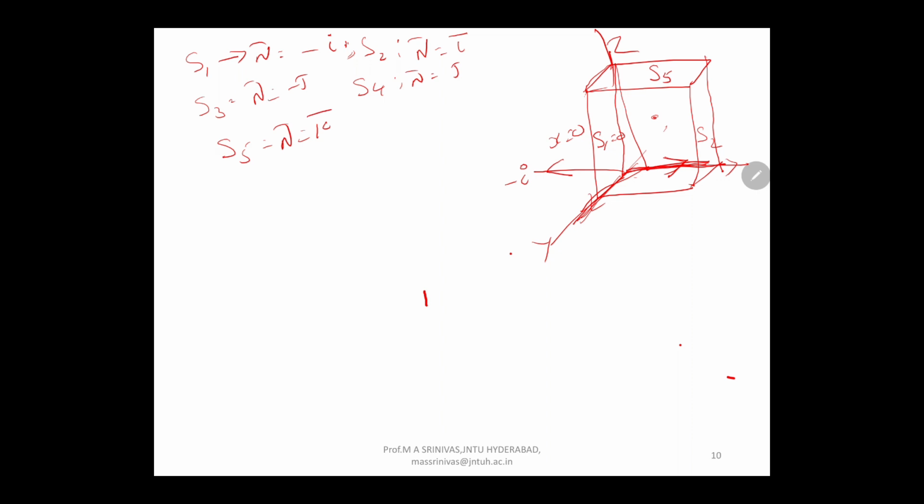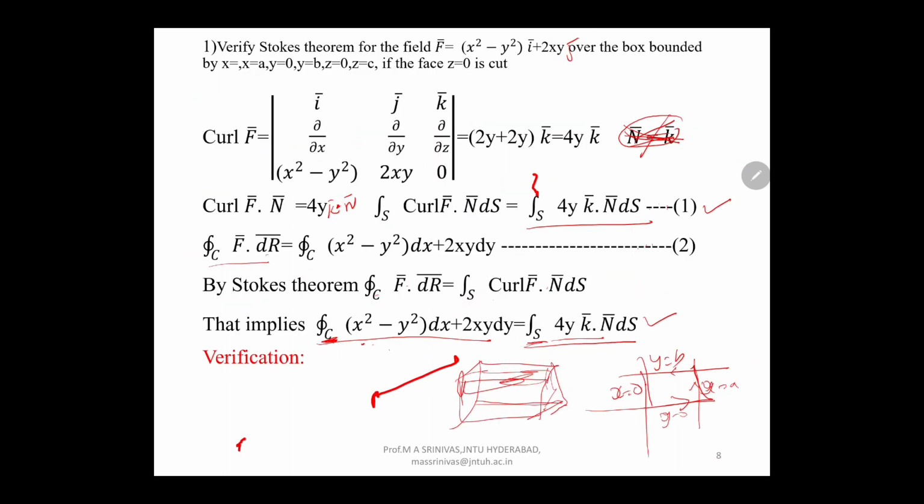So there I have curl F bar dot n bar, how much is it? It is 0 for S1, S2, S3 and S4, because in curl F bar dot n bar I have 4y k bar. This n bar varies from surface to surface.